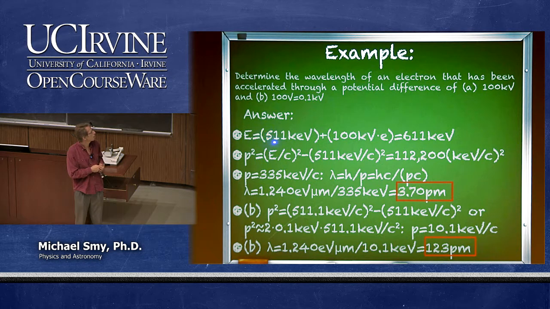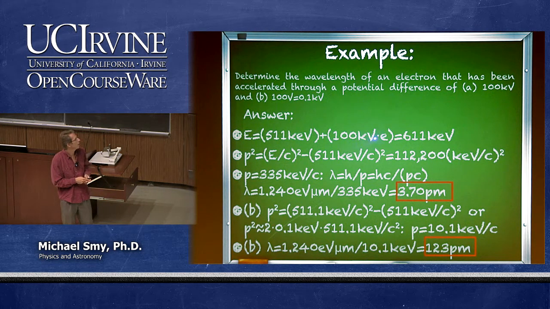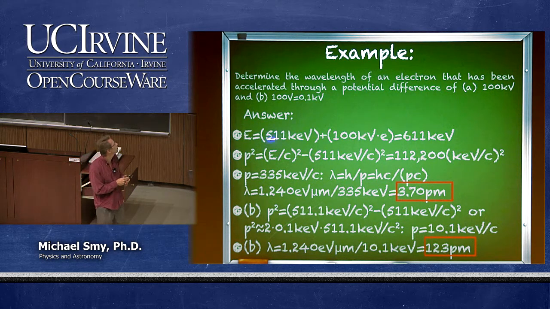So the rest mass of the electron is 511 keV per c squared. That means the rest energy is 511 keV. And we add the potential energy, which is 100 kilovolts times the charge of the electron, or 100 keV. So we get 611 keV as the energy of the electron after it goes through that potential difference.